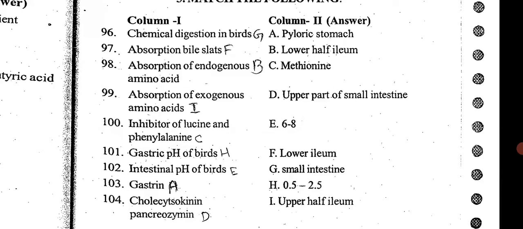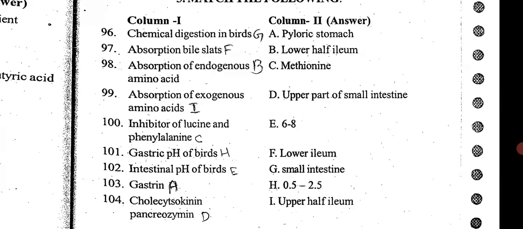Two things, endogenous amino acids and bile salts, are both absorbed in the lower half of the ileum. The upper part of the ileum, or first half, is responsible only for the absorption of exogenous amino acids, whereas the endogenous amino acids are absorbed along with bile salts in the lower half of the ileum.